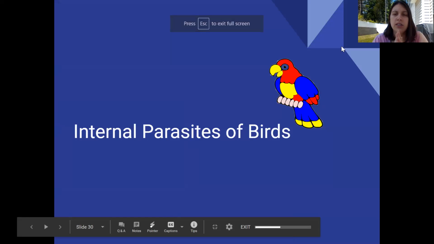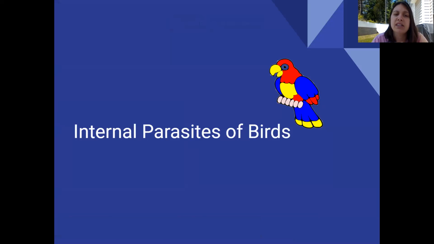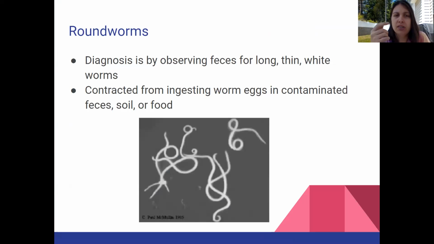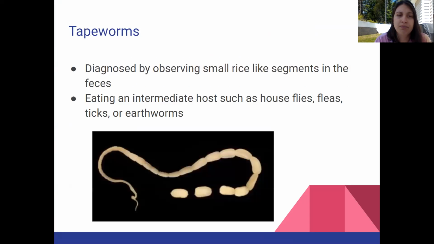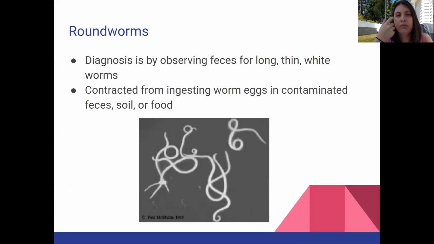Like I said, we are doing diseases of birds. We're going to cover parasites, contagious diseases, non-contagious diseases, and see where we get through that. So birds, most commonly, if they're going to get internal parasites, you're going to see them getting roundworms or tapeworms, which is the next one.